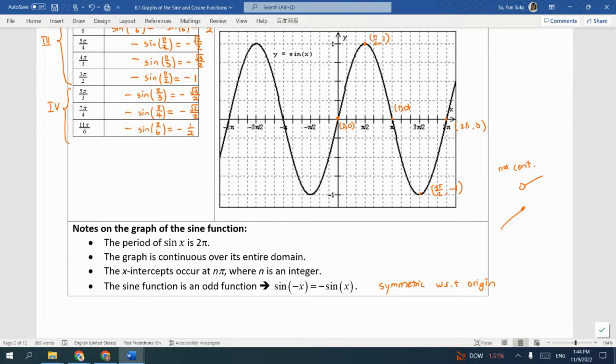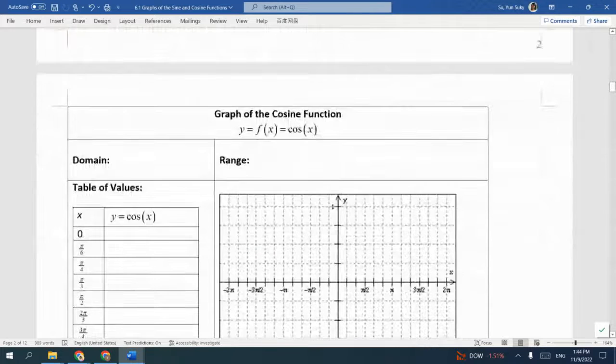So you have a point, and then you rotate 180 degrees. It's also on the graph. Right, everybody? How about even function? Symmetric with respect to the y-axis. Okay? All right. So this is the sine function.